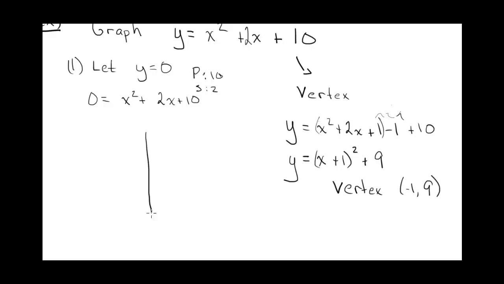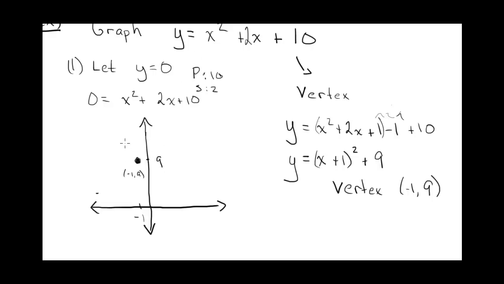So again, very roughly sketching. Let's put our x-axis down here. So this would be negative 1. We'll say 9's up here. So there's our vertex. But notice, which way does the parabola open?